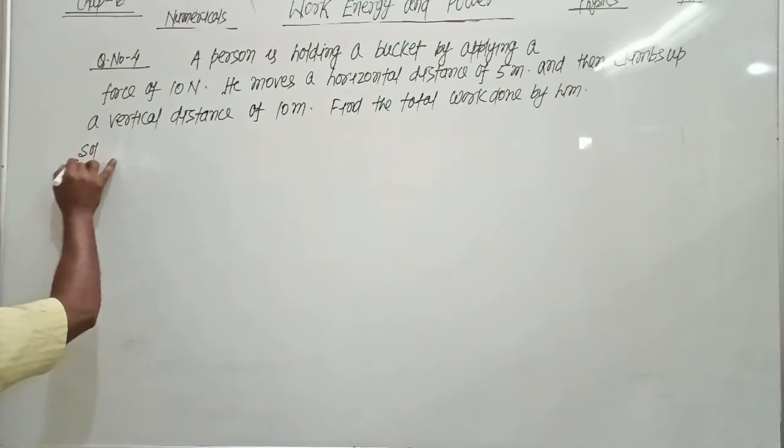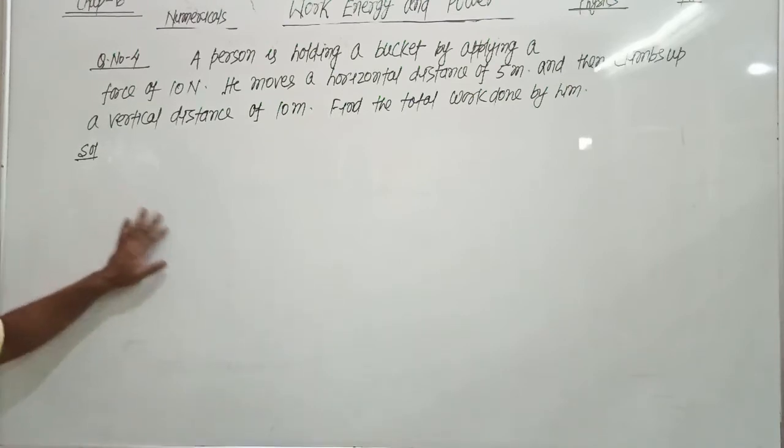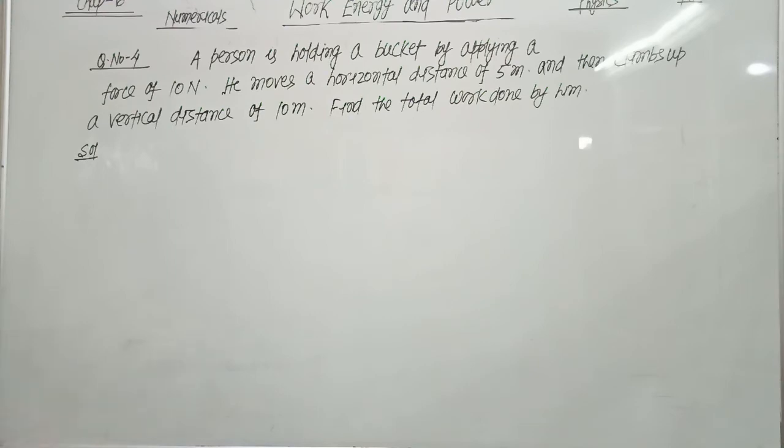So we have given that a person is holding a bucket by applying a force of 10 Newton. He moves a horizontal distance of 5 meters, and then he climbs up a vertical distance of 10 meters.